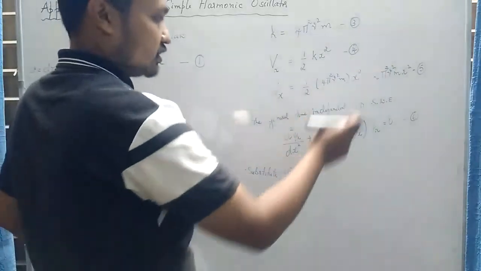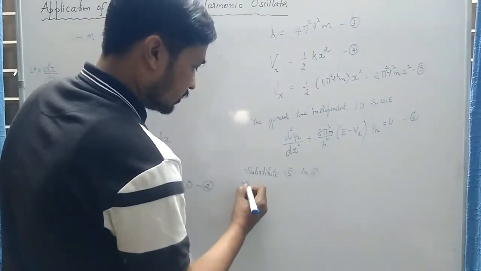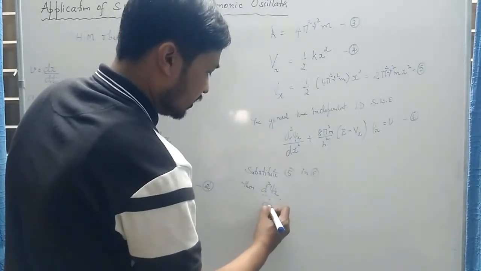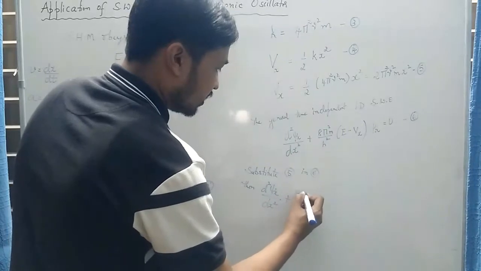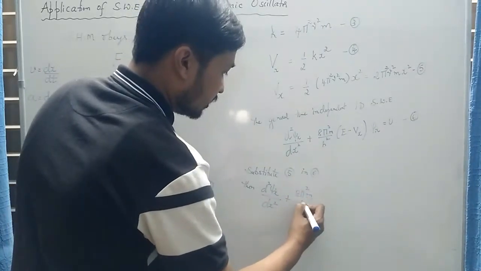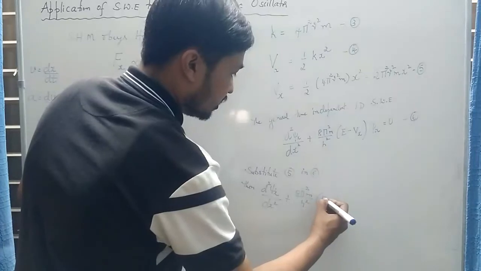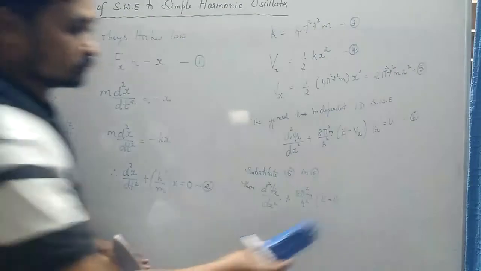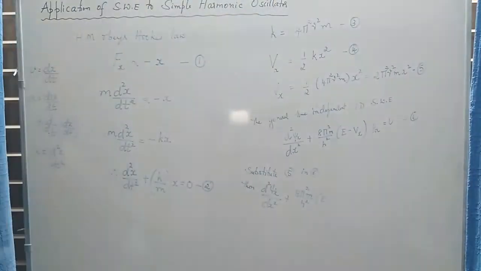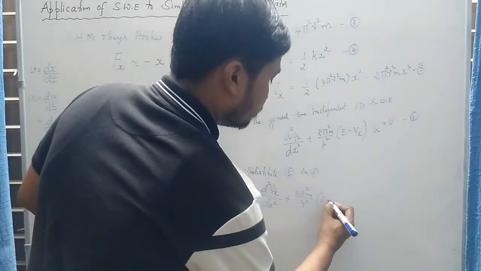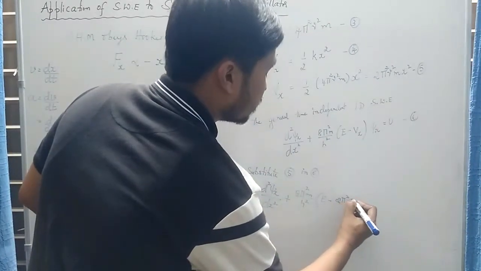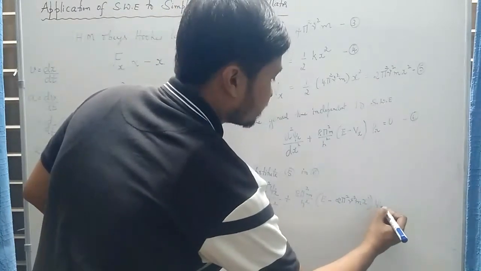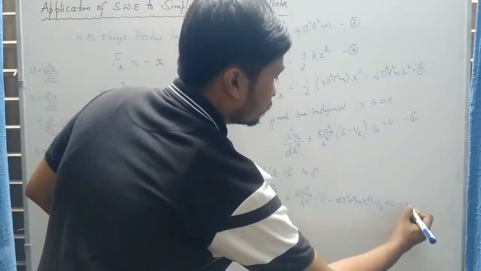So if I substitute this term here, then d square psi(x) divided by dx square plus 8 pi square m by h square into E minus 2 pi square nu square m into x square into psi(x) is equal to 0.